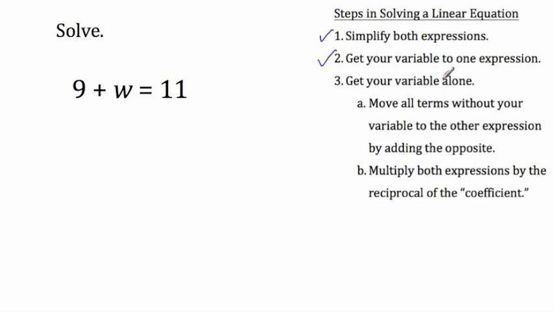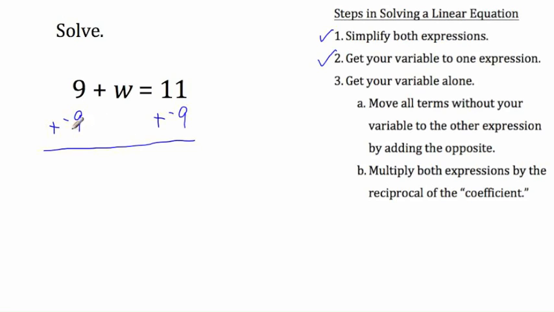Now we can concentrate on getting our variable alone by moving all terms without our variable to the other expression by adding the opposite. Here we have terms, we have things being added, 9 plus w. So we need to get rid of the term without our variable in it by adding the opposite. So we're going to add the opposite of 9 to both expressions.